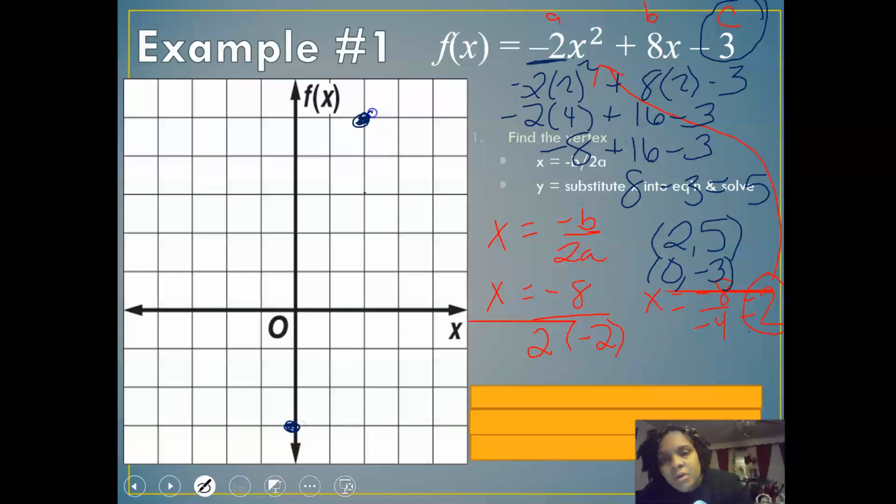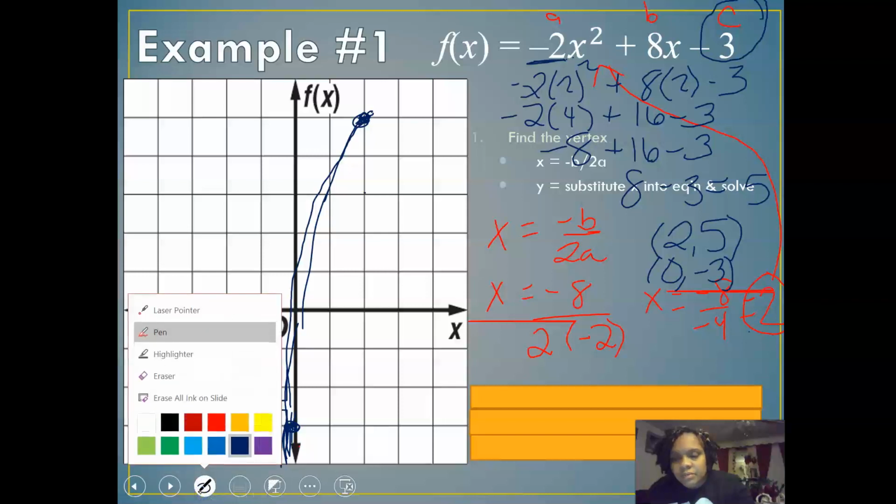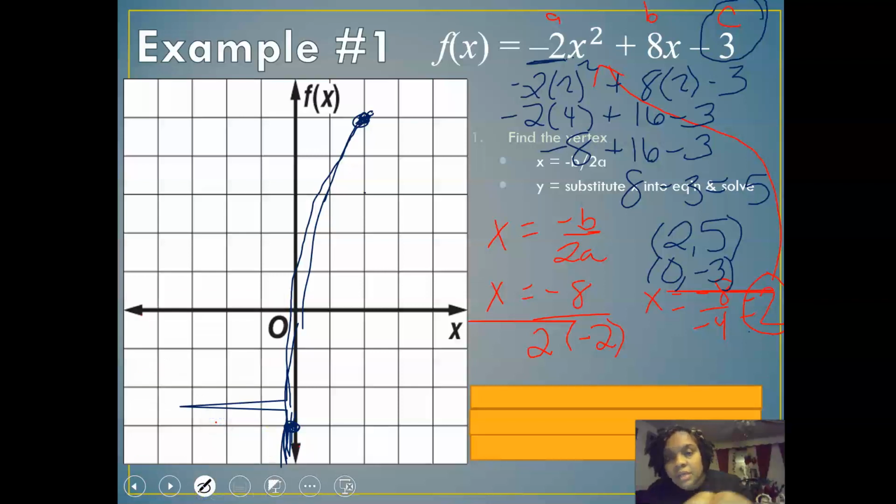Since I know my parabola is opening down, I slightly trace it. Then I draw my line of symmetry. How far away from the line of symmetry is the next point?